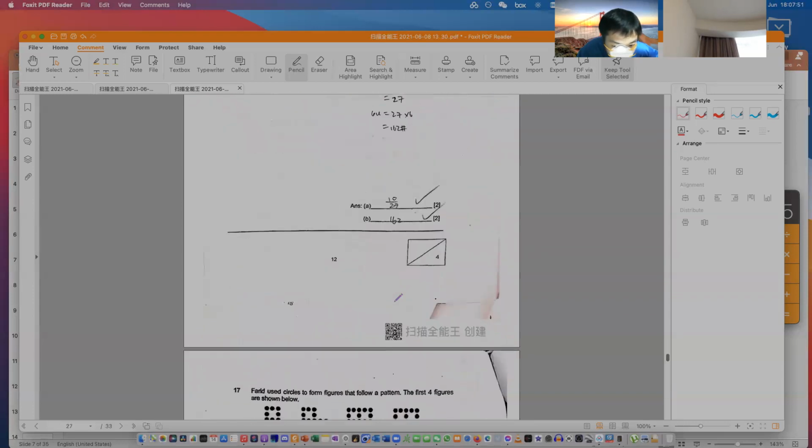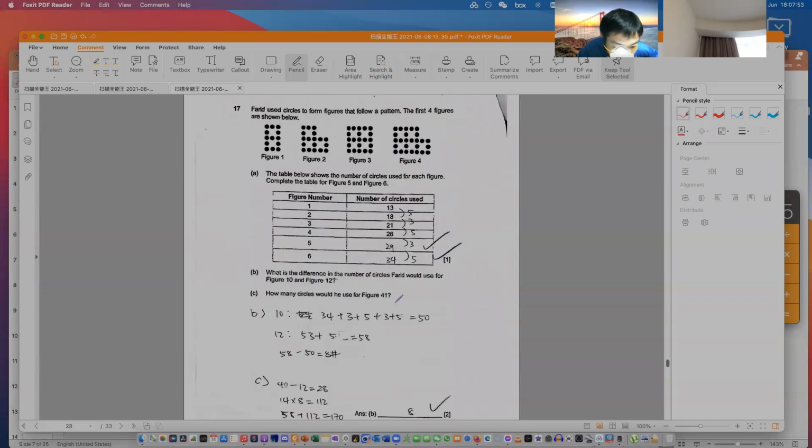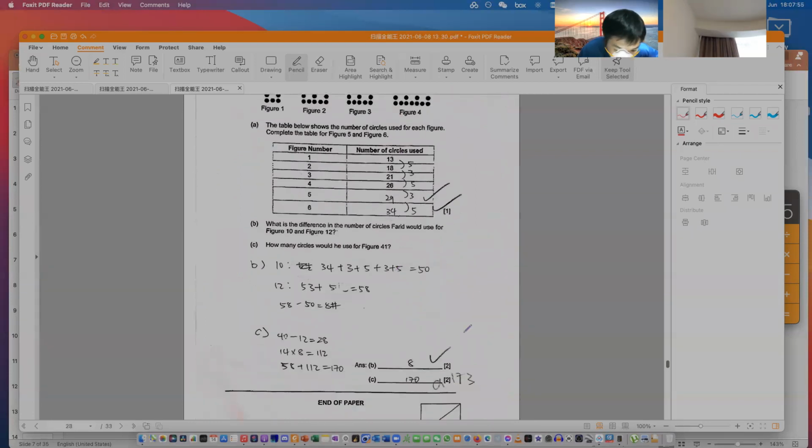Question 16. Good. 17. How come you get it wrong? Figure 41. Oh, this question, you see, there is a jump.